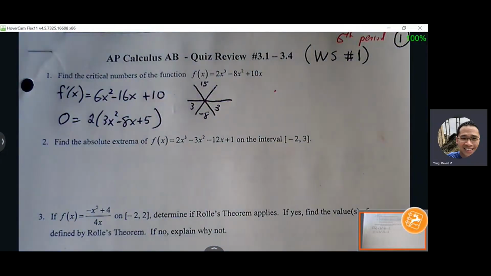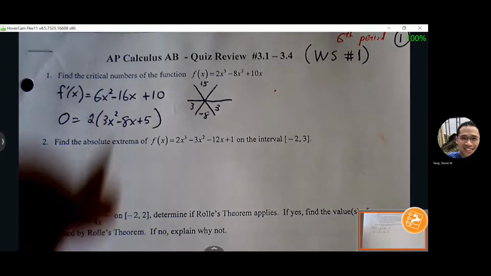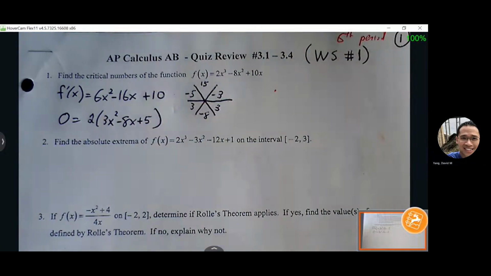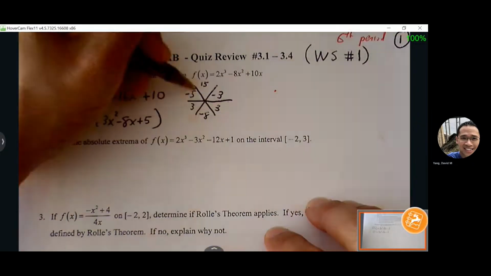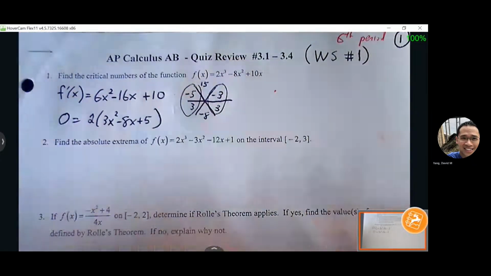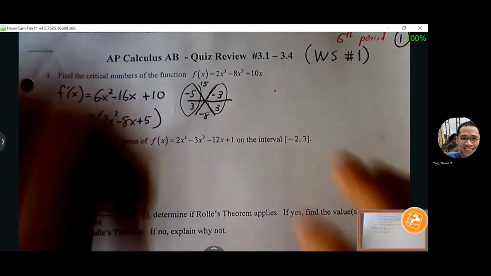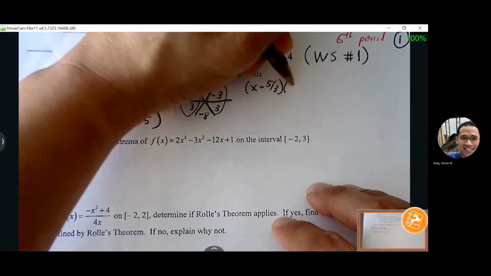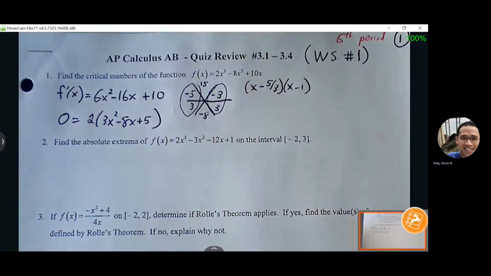Multiplies to be 15, adds to be -8. Reduce if possible.